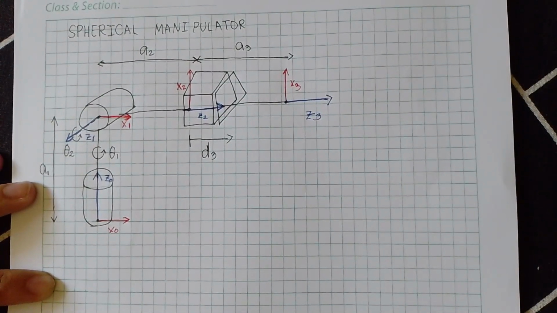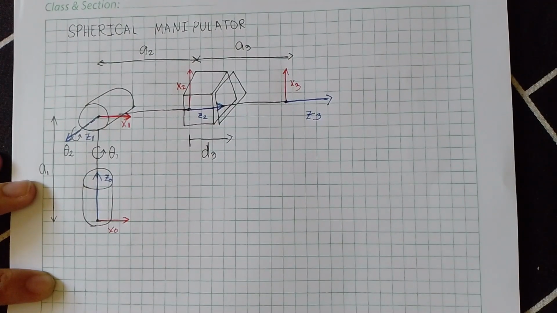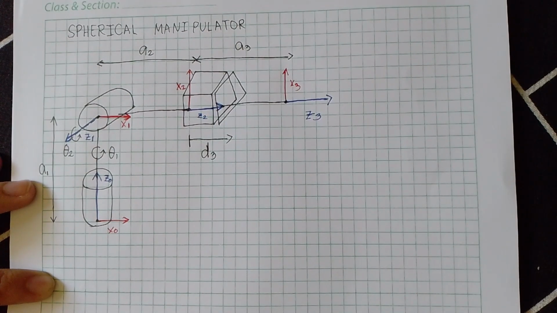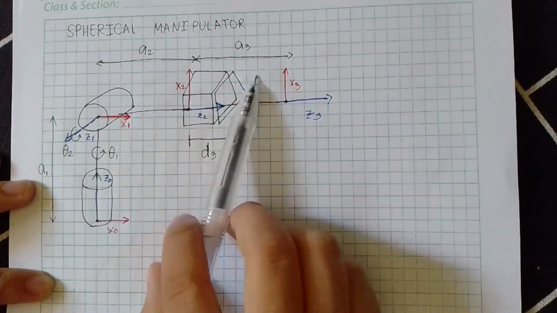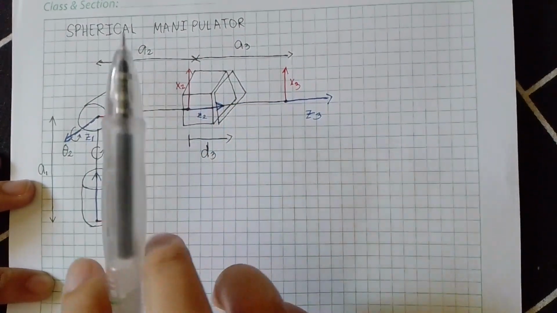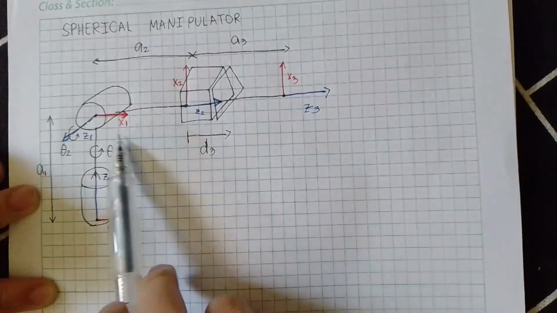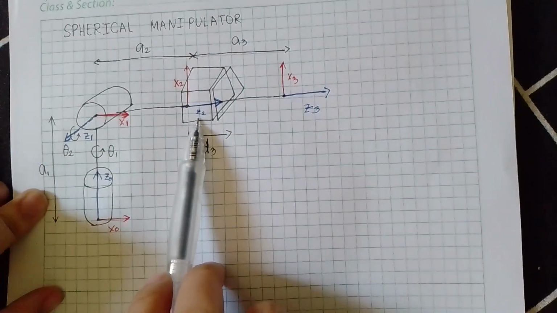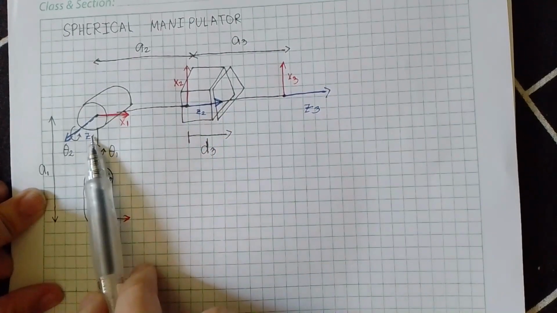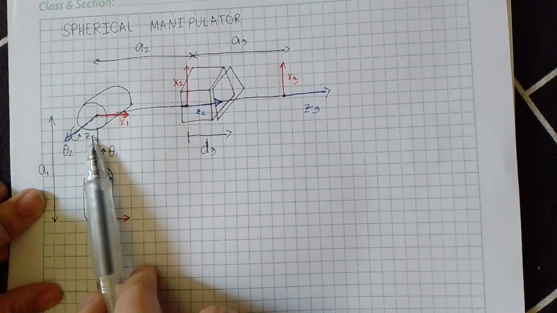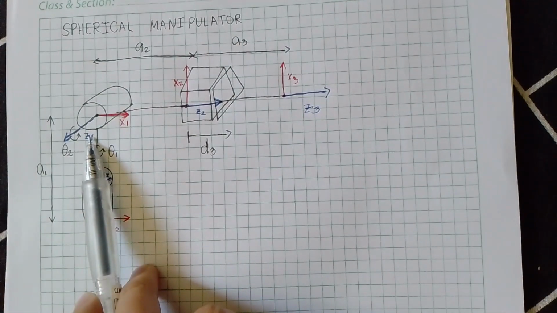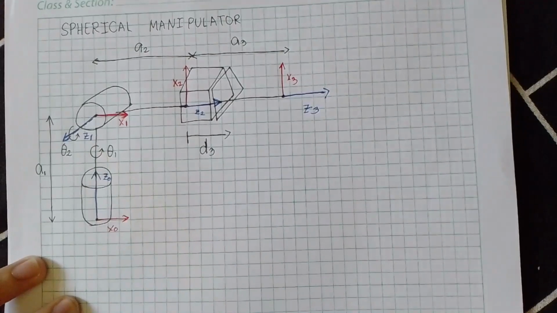The x sub 2 will undergo translation. After translating x sub 2 with z sub 2 along the x sub 1, we can say that x sub 2 intersects with the z-axis before, which is z sub 1.